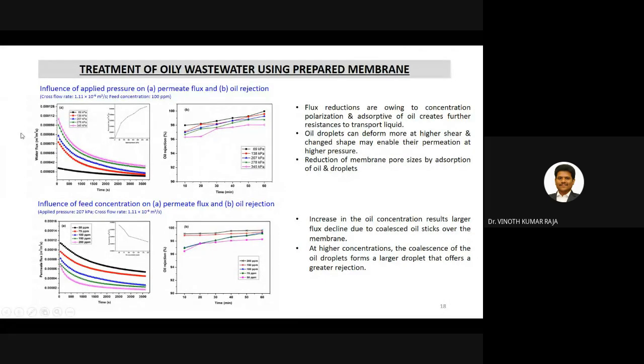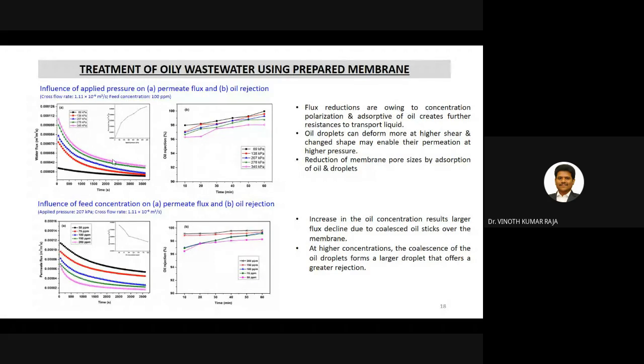First we look at the effect of applied pressure on permeate flux and rejection. This figure shows the permeate flux profile with time for various applied pressures, ranging from 69 kilopascal to 345 kilopascal. Here we fix the cross flow rate, and the feed concentration is 100 ppm.